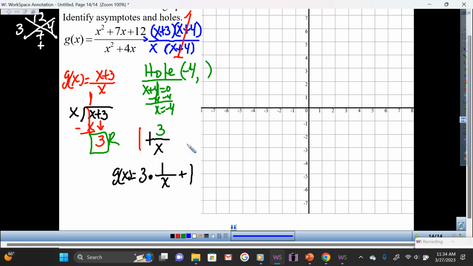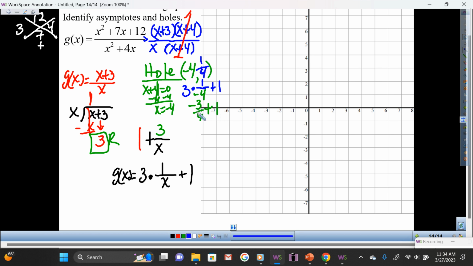So I'm going to do that in blue. 1 over x times 3 plus 1. But instead of x, I'm going to substitute negative 4. So what is 3 times negative 4? Negative 3/4 plus 1. What is that? 1/4, yeah? Or you have $1, take away 3/4.